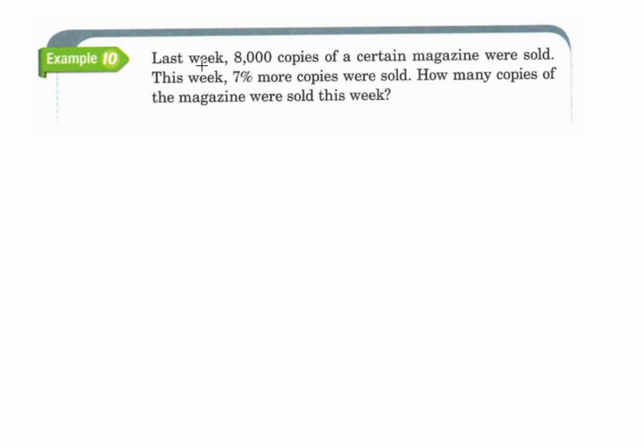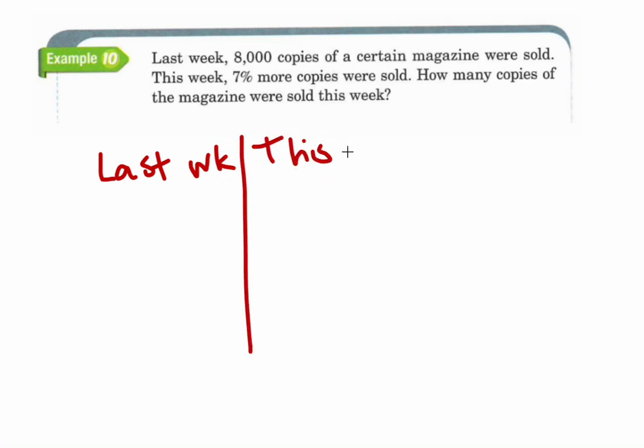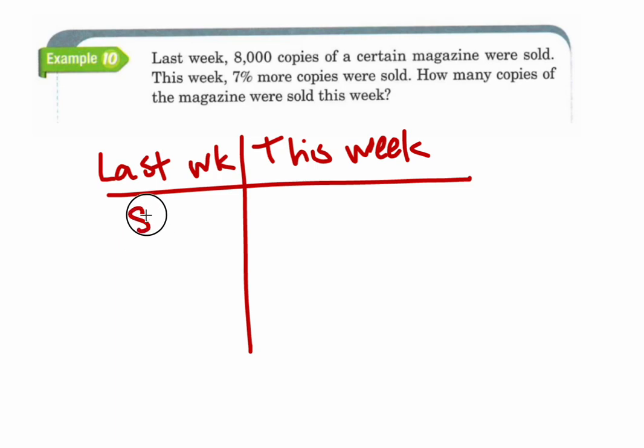Okay, so I'm seeing last week versus this week. So that's really telling me that those are my labels. Last week versus this week. Okay, last week 8,000 copies were sold. This week 7% more were sold.